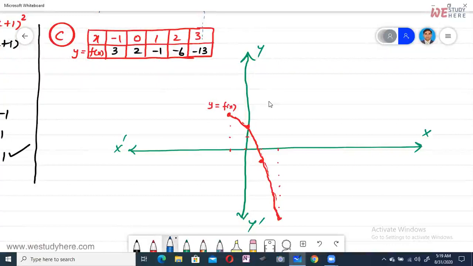Now to draw the graph of the inverse function, first of all we have to draw y is equal to x. This is the line y is equal to x.